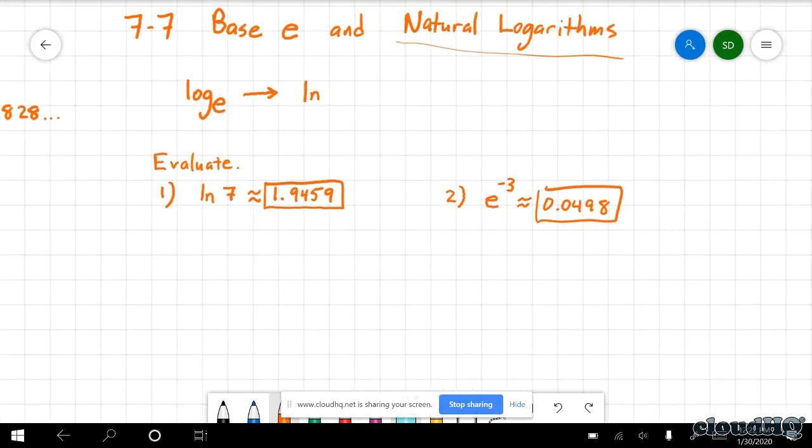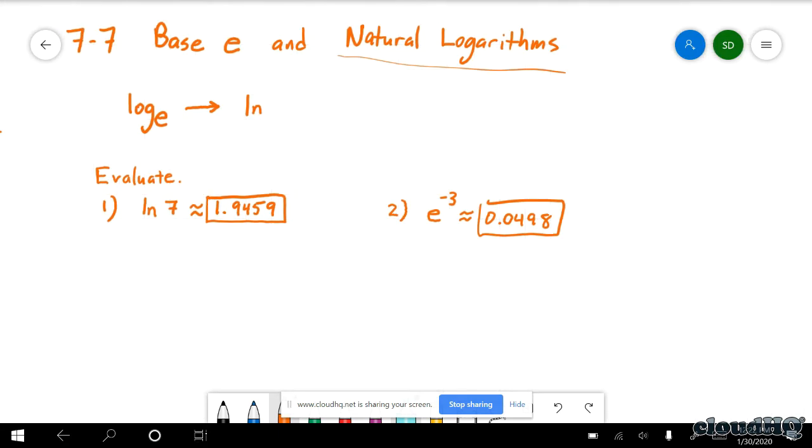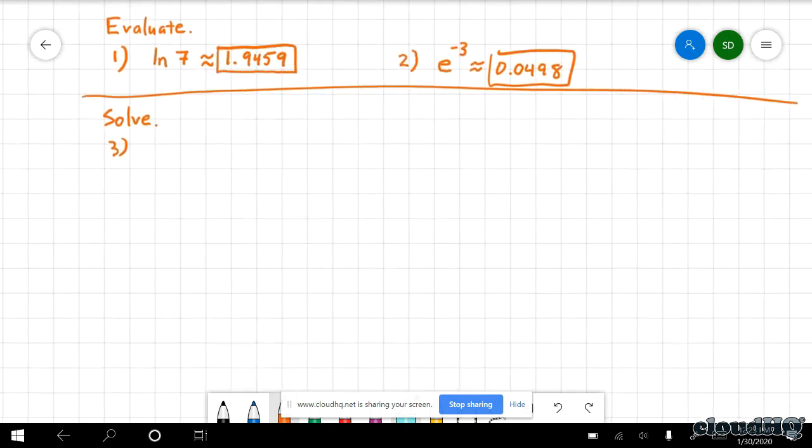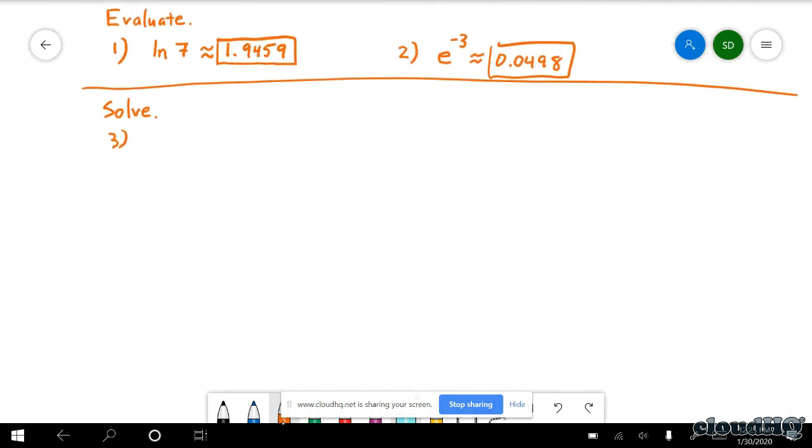Okay, we're going to use this log to solve some equations now. I'm going to try this again. I looked at the wrong problem. I want to do a different one.